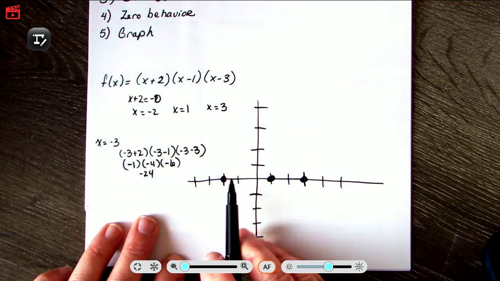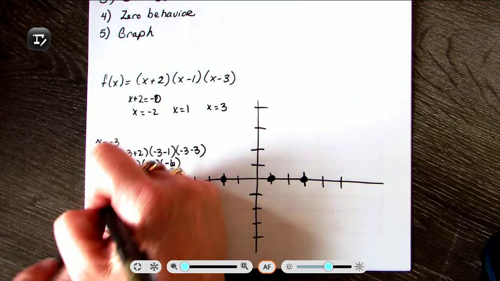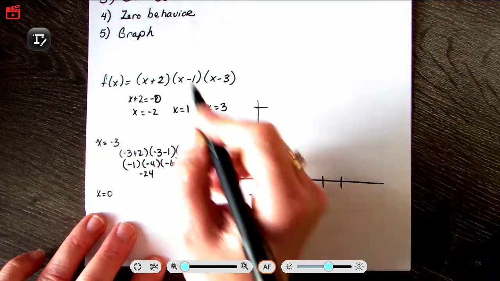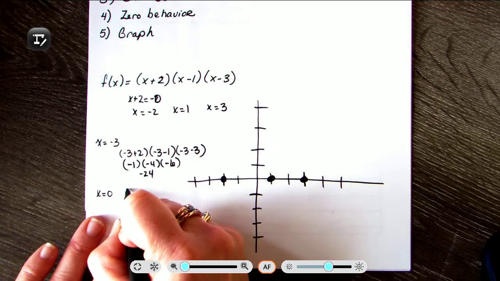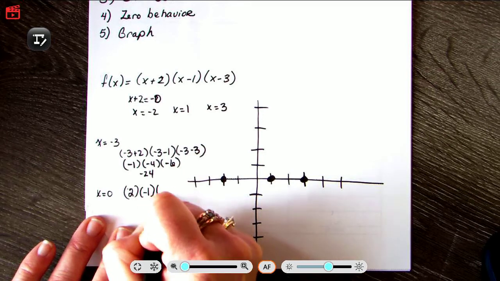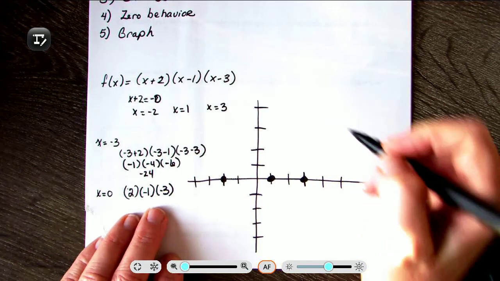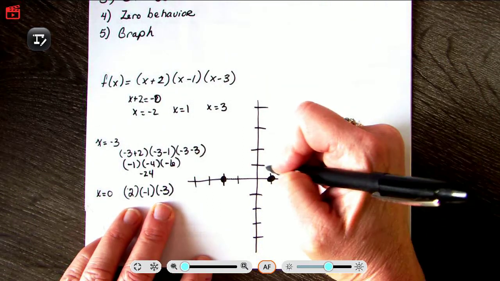I'm going to pick a value between negative 2 and 1. I love x equaling 0. So substituting in 0 there, I get 2 times negative 1 times negative 3, which gives me positive 6.